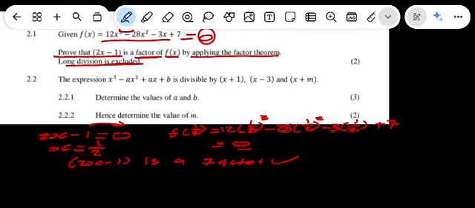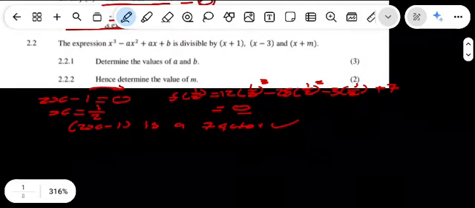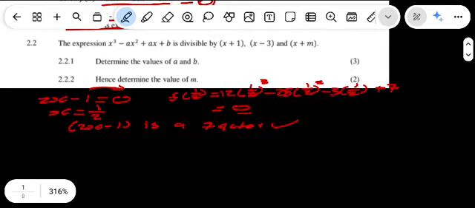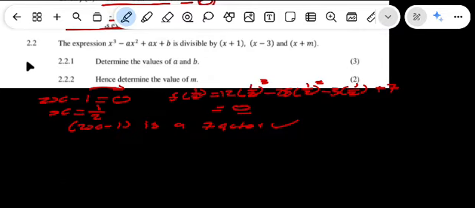So we have there 2.2 here. We have our 2.2 says the expression given, x cubed minus ax squared plus ax plus b, is divisible by x plus 1, x minus 3 and x plus m.